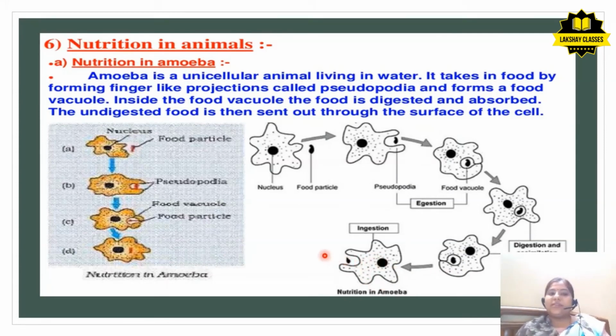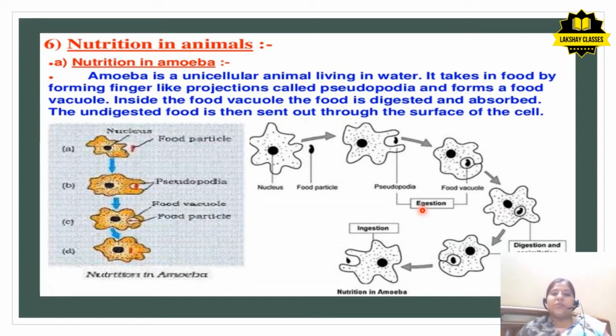So this nutrition process completes in 5 steps. This is the first step, which is the process of ingestion. The food is taken inside the body, right? Then the food is digested by the amoeba, and digested food is absorbed by its body, and then after absorption, the undigested food is removed out of the body.